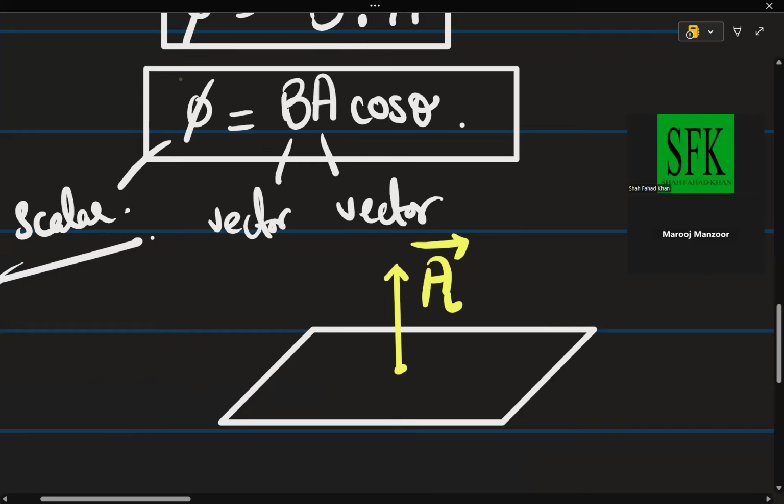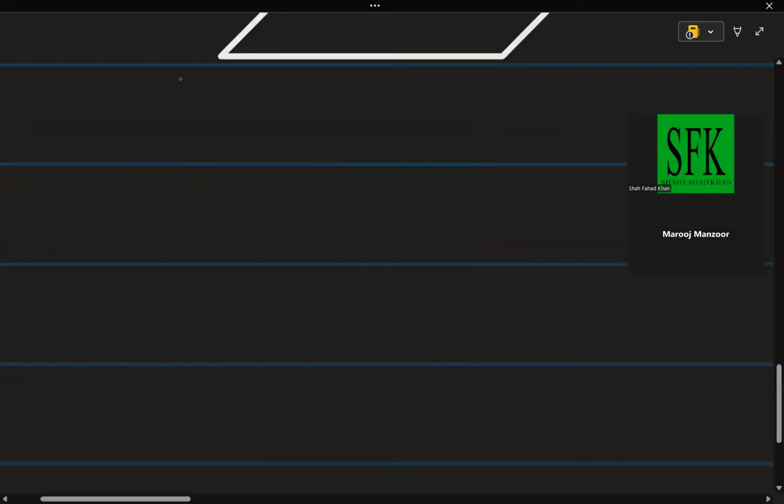Does that make sense? Yes, sir. Okay, so if we are talking about this angle theta, we are actually talking about the angle in between this vector area and the magnetic flux density. Let's see how it works.